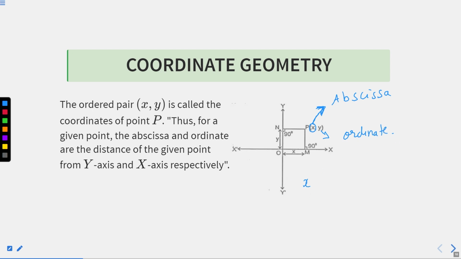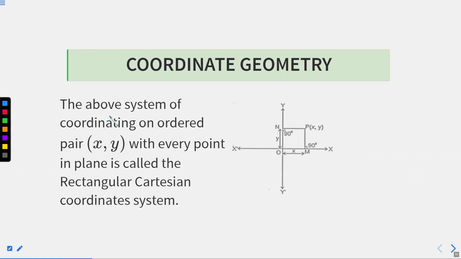So x means abscissa, y means ordinate. Clear? In the ordered pair, the first comes from the x-axis, named abscissa, and the second comes from the y-axis, named ordinate.